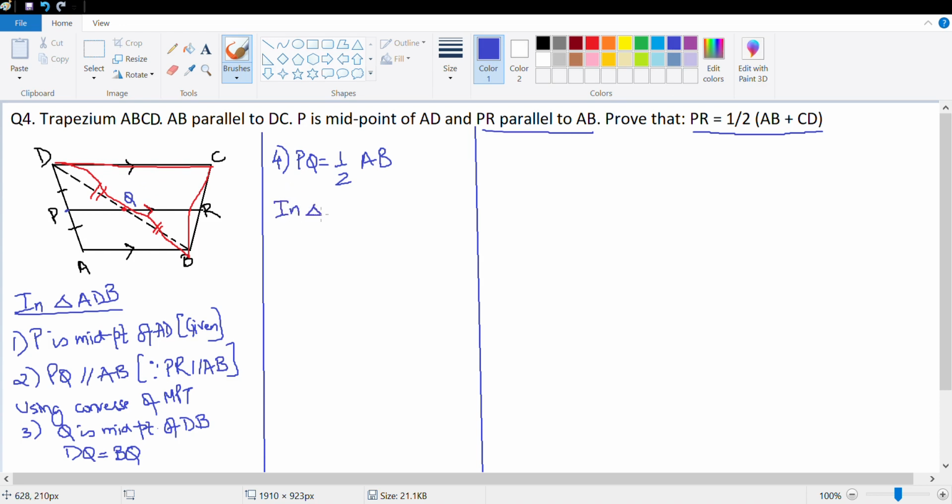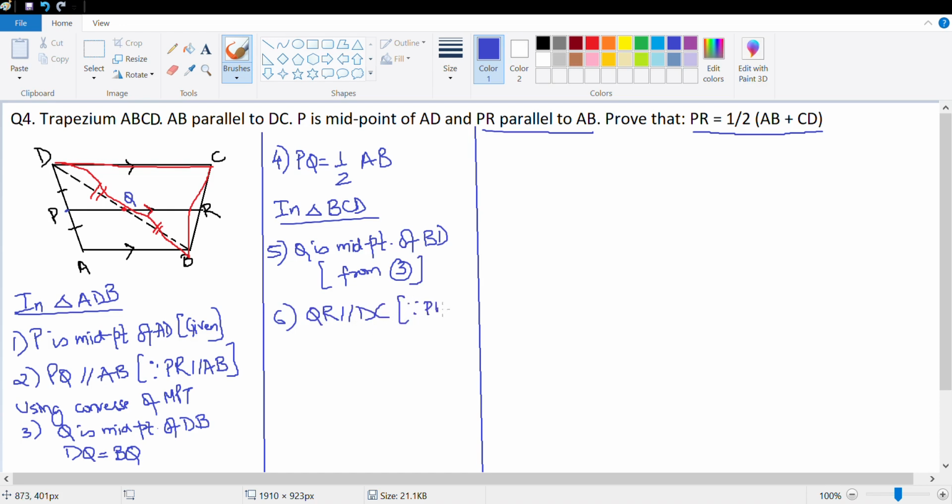So in triangle BCD, number 5, Q is the midpoint of BD. Where did we get this from? From number 3. And number 6 would be QR is parallel to DC, since PR is parallel to DC. This is given.